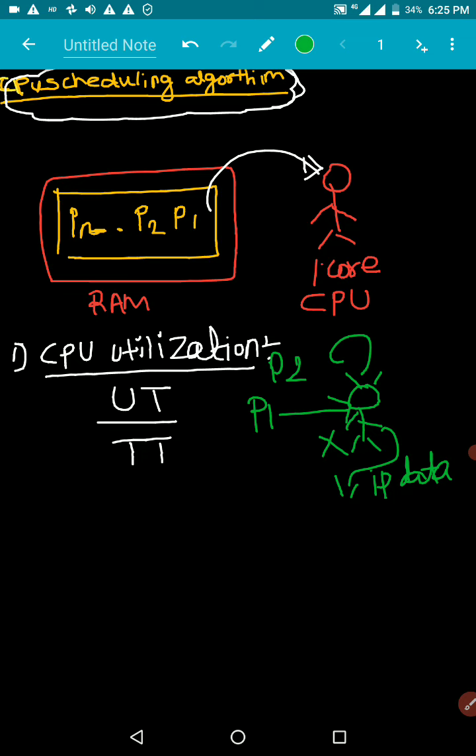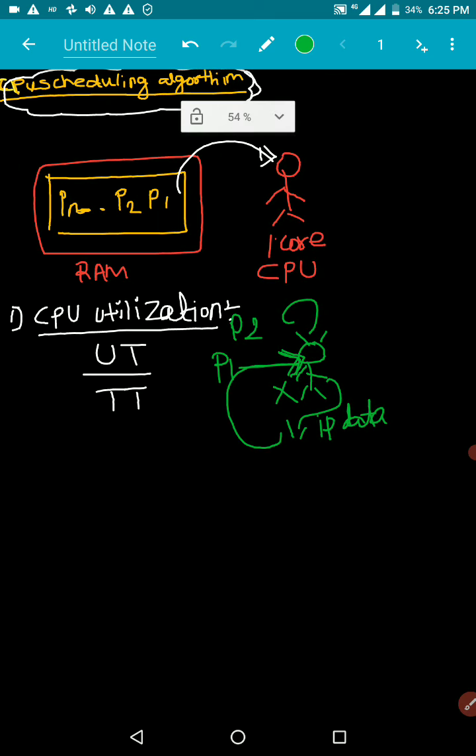Once the input data is ready for P1, the CPU brings P1 back and executes it. In this way the algorithm always keeps the CPU as busy as possible, so CPU utilization will be high.